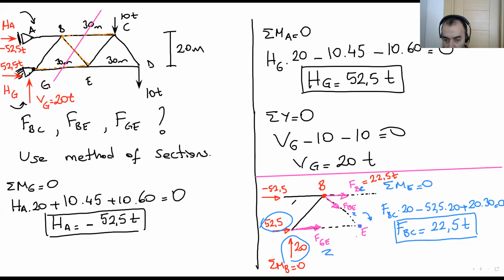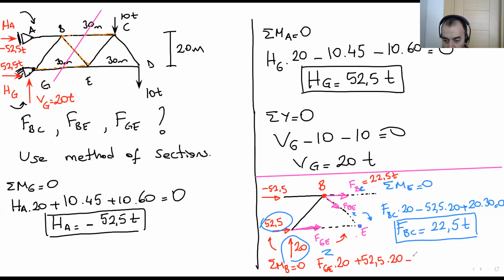These are 0. This is 0. Only we have these forces, FGE times 20. And also they are in the same direction, positive 52.5 times 20. These are in the same direction, but this 20 rotates the system in this direction, and the other 20 rotates the system in that direction.